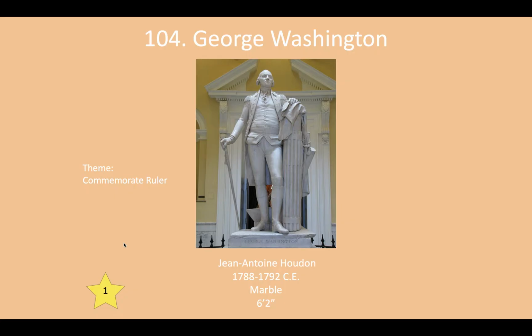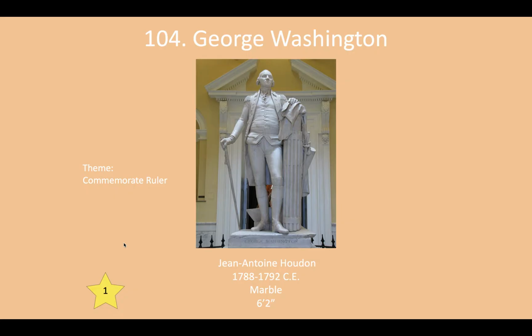In that time, George Washington goes back to Monticello. Okay? I just said Monticello. He goes back to Mount Vernon. That's the name of his house. He goes back to Mount Vernon, and he becomes a farmer again.